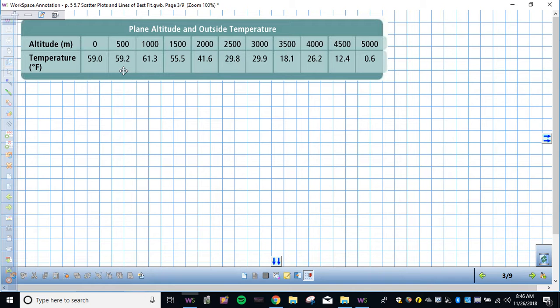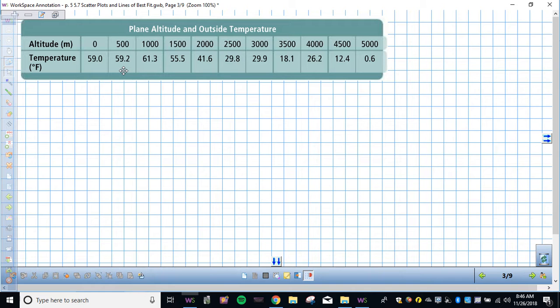So you're in a plane and we're talking about how the outside temperature decreases. Writing it down? Now you are. Okay, I want that whole chart written down. We're going to graph this. We're going to make a scatter plot, which is the data points on the graph. And then we're going to draw in a trend line. And then we're going to come up with the equation of that trend line.